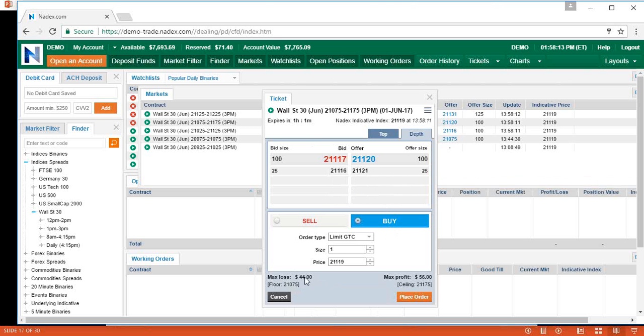So even though my max loss was 44, I managed the trade and I just got out when it was only down 20, right? So yes, I need to pay attention to what these numbers say, but just because it says max loss 44 doesn't mean that's what I'm going to manage the trade as. I might get out of it if it goes against me 20, right? Everybody get that? Make sense?